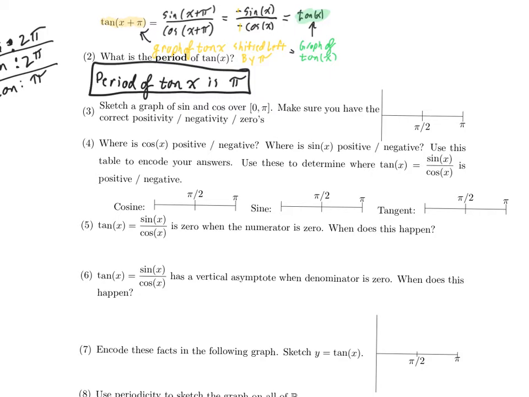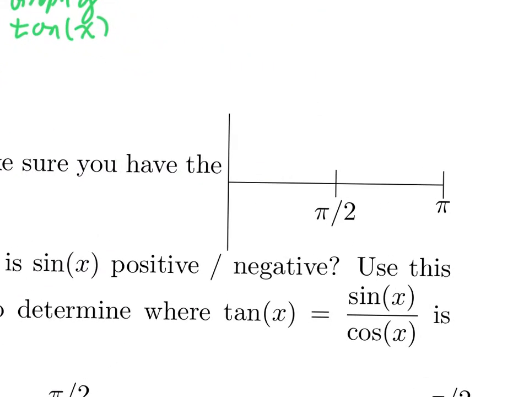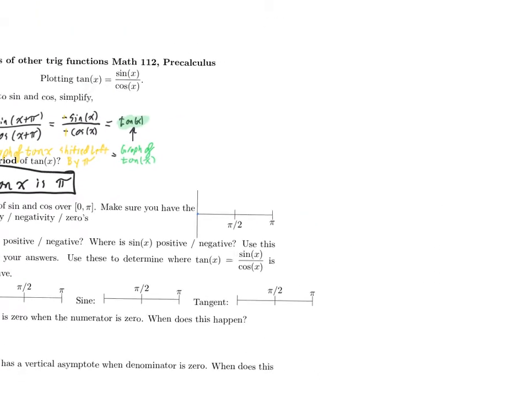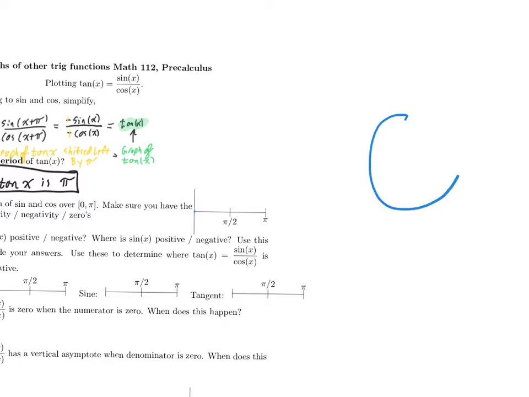So tangent is built out of sine and cosine. So let's remember what sine and cosine look like between 0 and pi. Now we'll just do them one at a time. Sine of 0 is 0. Let's draw the unit circle. Sine of 0 is 0 because that y-coordinate is 0. And then I'll start rotating up, so sine will become positive.